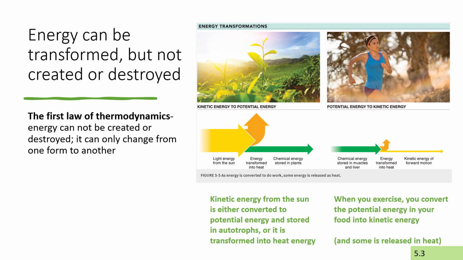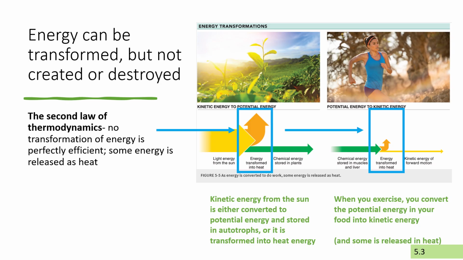But some of that energy is also converted to heat, which is why you heat up when you exercise. This brings us to the second law of thermodynamics. No transformation of energy is perfectly efficient. Whenever we convert potential energy to kinetic energy, or vice versa, some of that energy is released as heat.